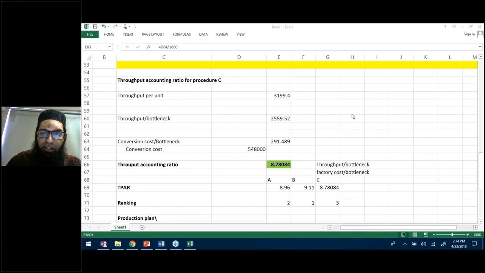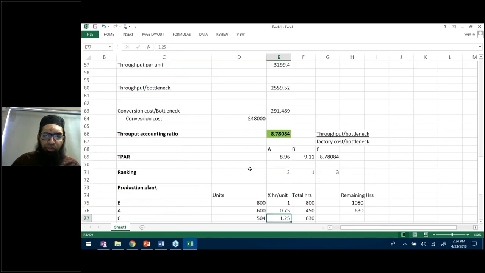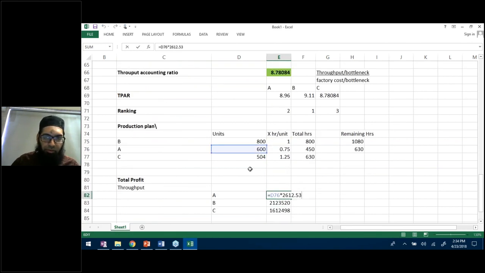And if you can see, to calculate the total throughput I have used the total throughput per unit. I have multiplied the number of units with the throughput per unit. So I have not used the hours to calculate the total throughput. And the throughput per hour and the conversion cost per hour are not the same thing.